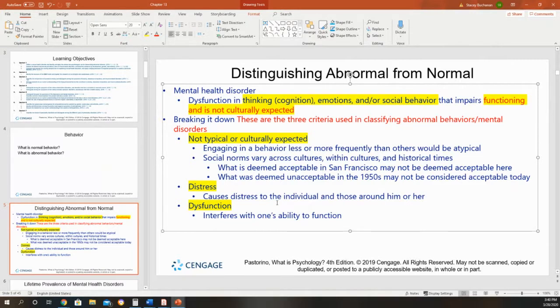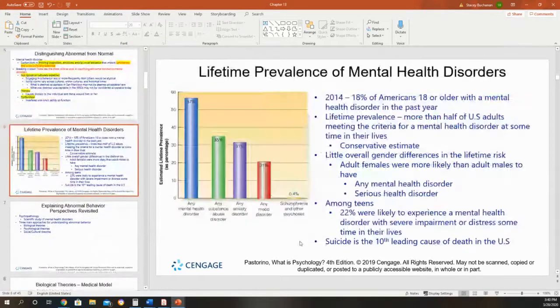So let's look at a couple numbers now. So using old data from about 6 years ago, but there we are. And obviously, all these are very conservative estimates because people who have difficulty functioning may not go to mental health services, or unfortunately, they may not have access to mental health services.